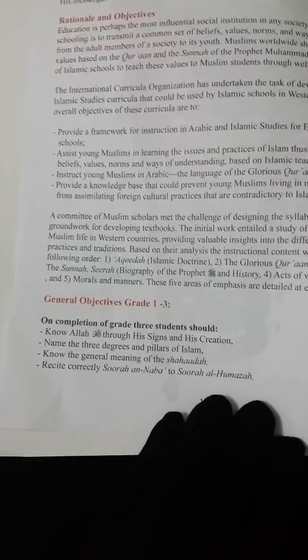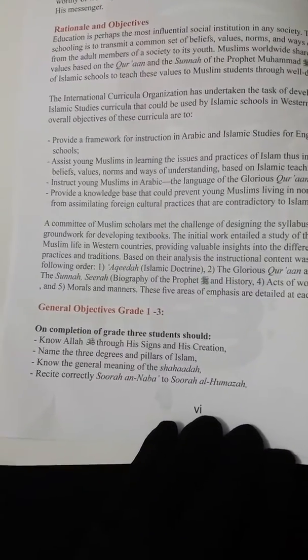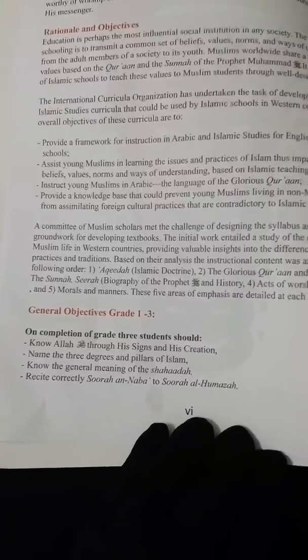Introduction, let's see, no. So here is the introduction and general objectives of each grade. So for grade 1, these are the things by grade 1 and between grade 1 and 3 that they would have learned.